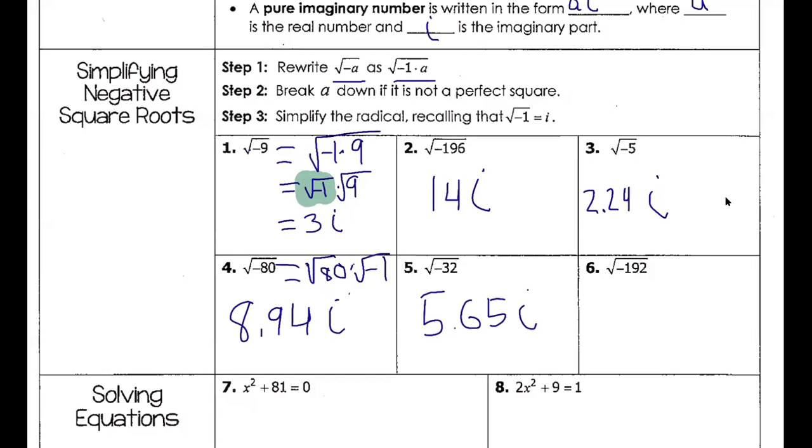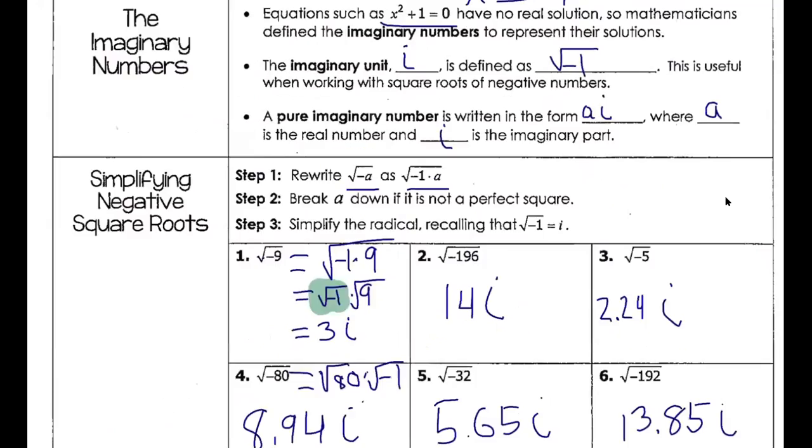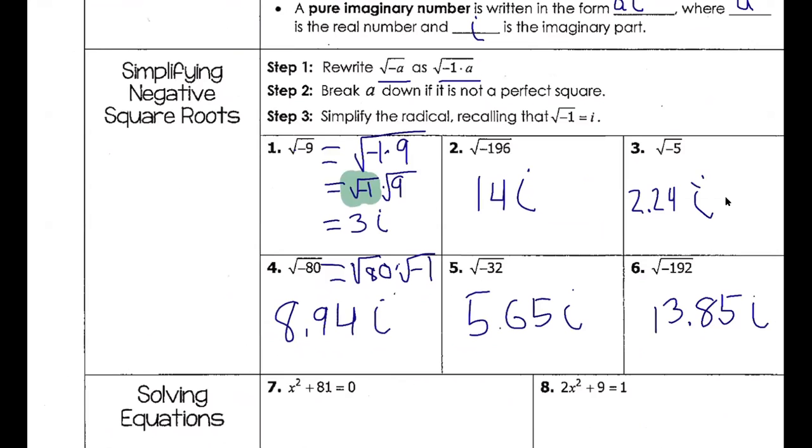The square root of negative 192 would be approximately 13.85 I. Or I put 86. I don't know if it rounds up or not. It's not that big of a deal.